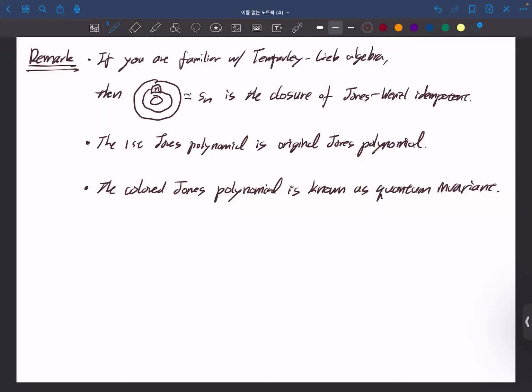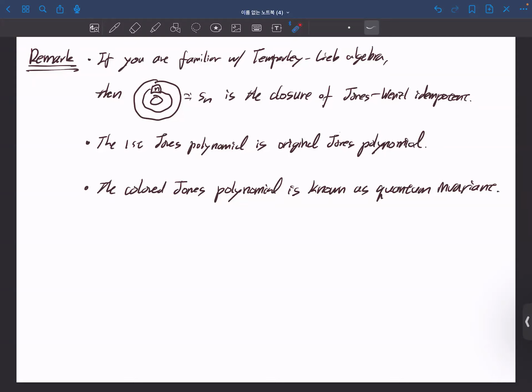And because the Jones polynomial was the first well-known quantum invariant, after that, many people worked with such invariants. Moreover, next time we will show that a slightly extended version of the colored Jones polynomial, which is the Reshetikhin-Turaev invariant, is actually an invariant for three-manifolds, or more precisely, oriented three-manifolds.